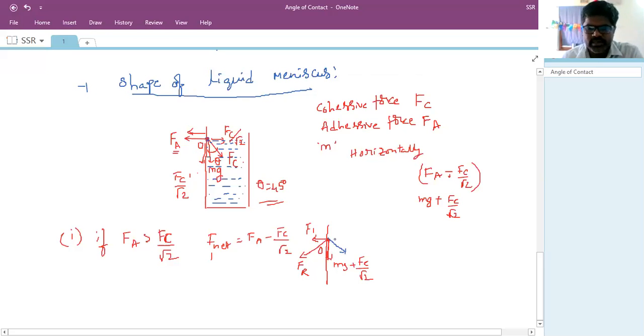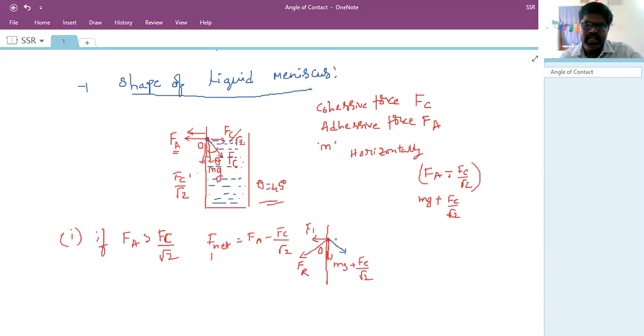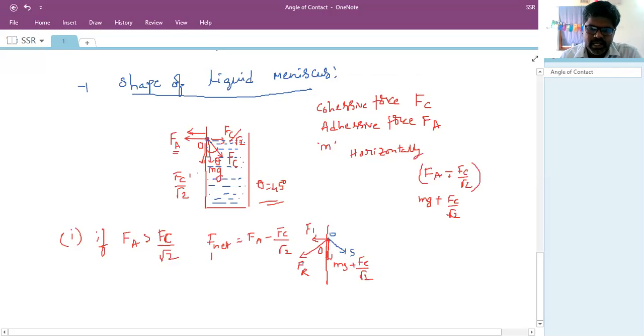That will give the tangent. Now in this case, the shape of the liquid will become concave in shape. Let us say the tangent goes from point O to point S. This is the direction of the tangent, perpendicular to Fr. This is the surface tension direction. Then the shape will become concave.